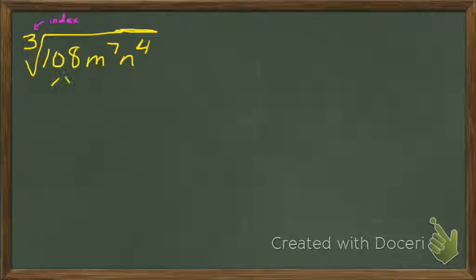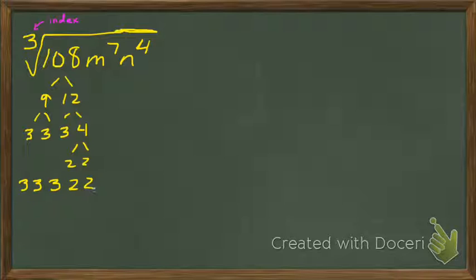We're going to break down 108 into, I'm going to use 9 and 12. You have many options there. It doesn't matter what option you choose because there's only one way to break down 108 at the end. No matter what road you choose, we're all going to get to 3, 3, 3, 2, 2.